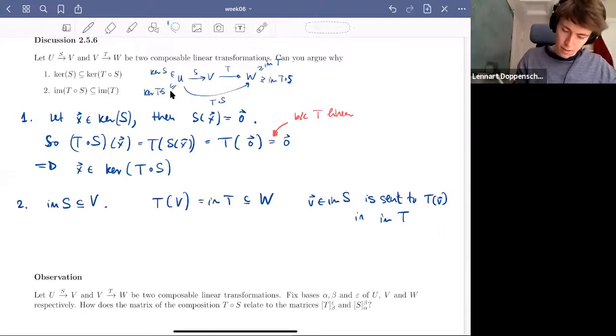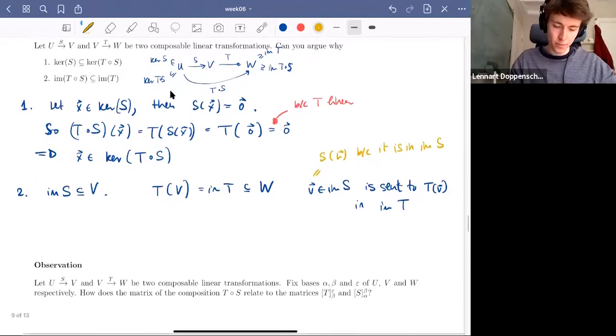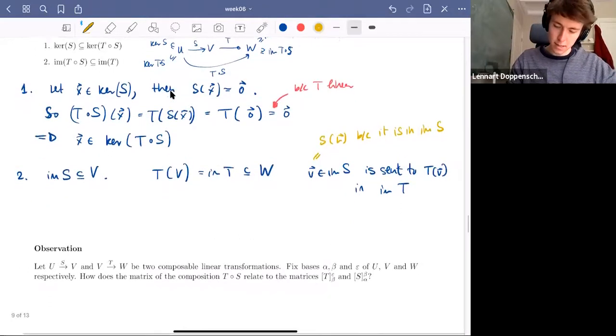And I guess what I would like to add is that if you have something in the image of S, a vector V, then in particular this will be S of some vector U, because it is in the image of S.